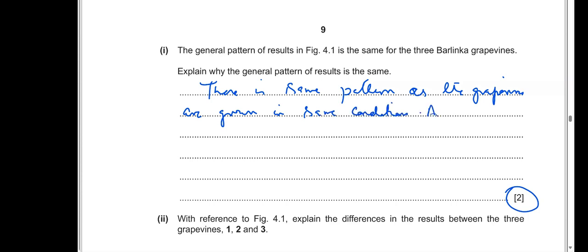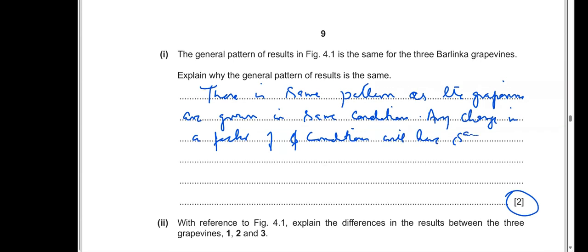So any change in a factor of conditions will have the same effect on all the grapevines.